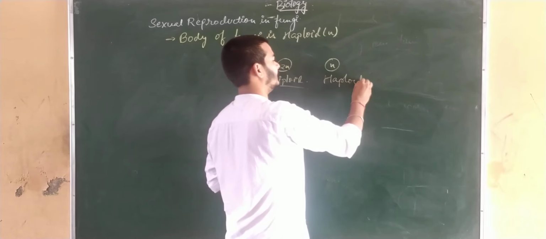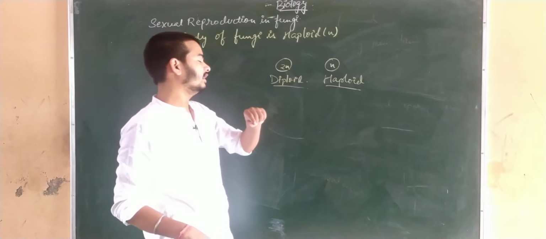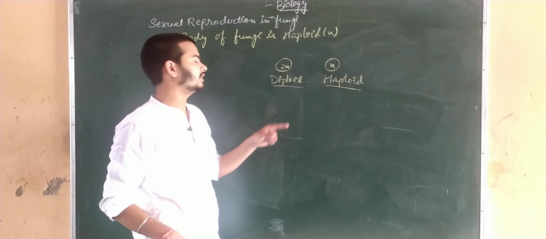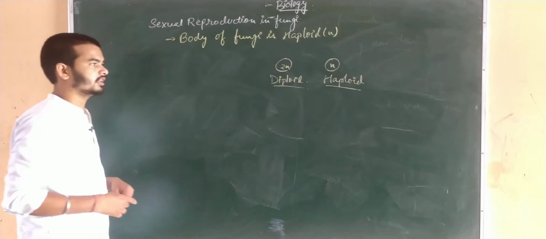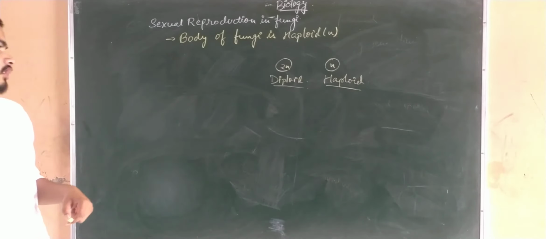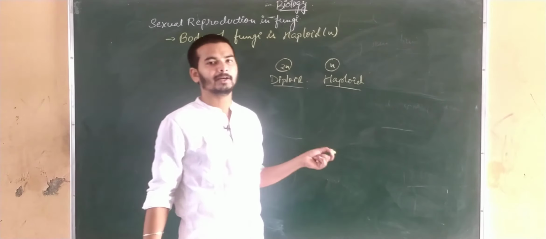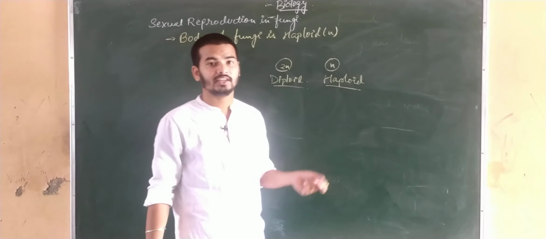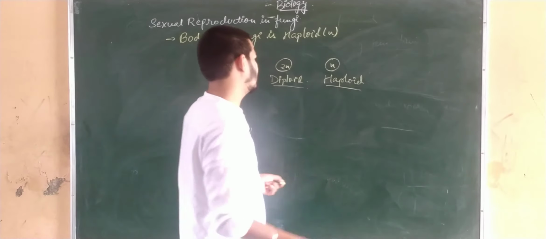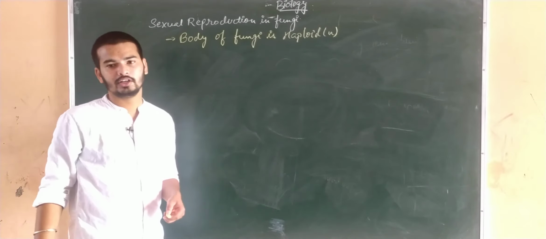If the body is made up of haploid cells, it is known as a haploid body, and if it is made up of diploid cells, it is a diploid body. For example, humans and animals are diploid, while some bacteria, some protista and the fungi are haploid cell bearing organisms, so we consider that they have a haploid body.